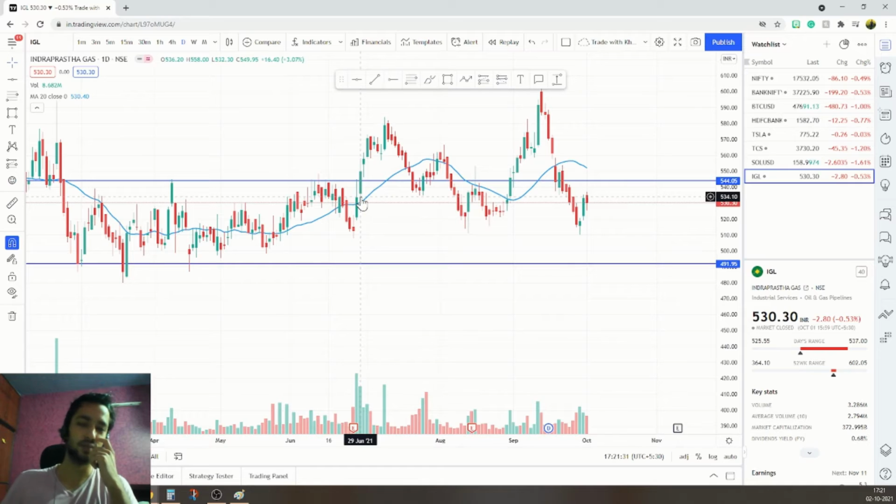Now, who can do this? Answer me. Clearly, retail investors do not have the capital or the unity. GameStop was some different thing, right? But retail investors cannot do this. So definitely some big player, some big bank or some big mutual fund house was involved in this gimmick, right?